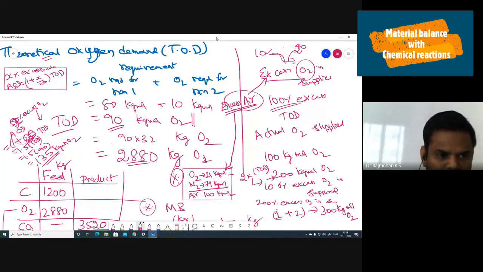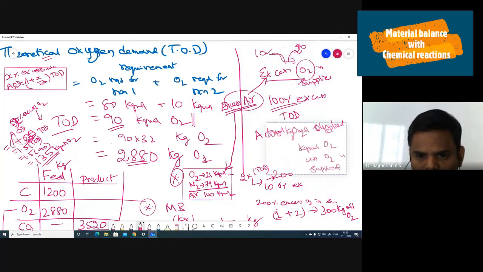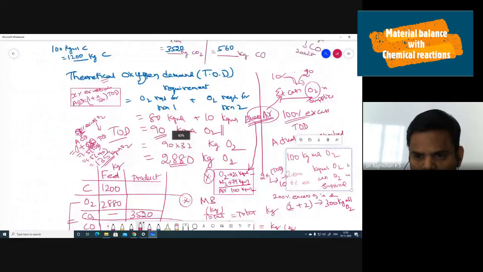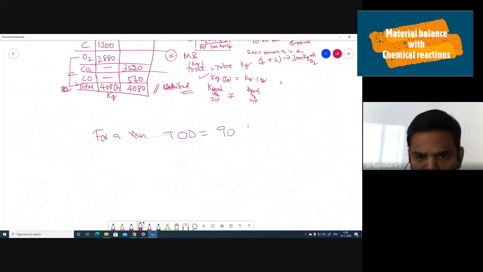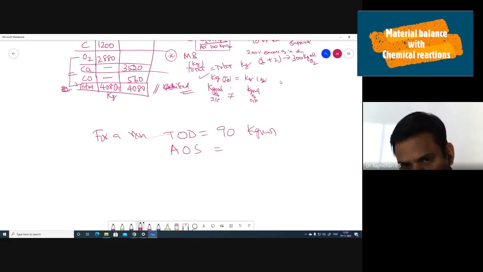Or I can simply tell, with this problem itself. For a combustion reaction, theoretical oxygen demand is 90 kg mole, but actual oxygen supplied is 135 kg moles.